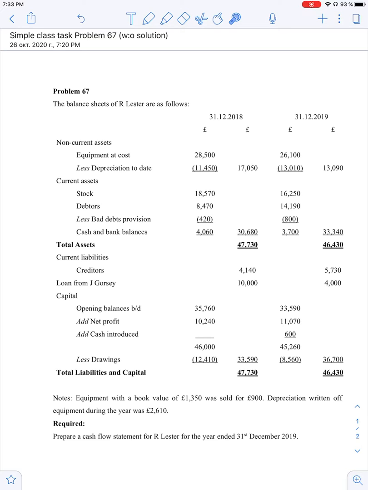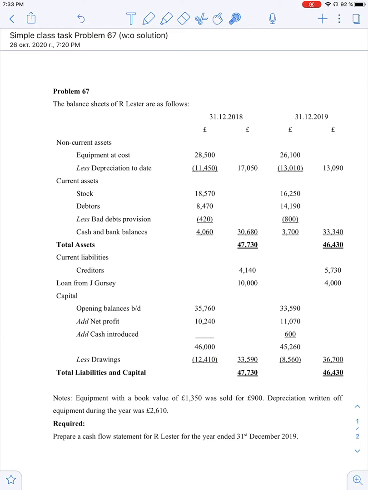Here we can see that each year in the line net profit, the accountant adds net profit for the year. For the previous year, 2018, the opening balance of capital was 35 and something. Net profit was added, zero cash introduced during the period, and the total capital at the end of the period was 46,000, which is the sum of two previous lines.